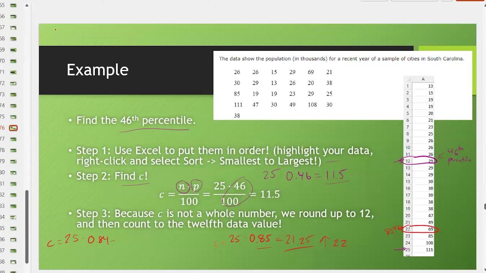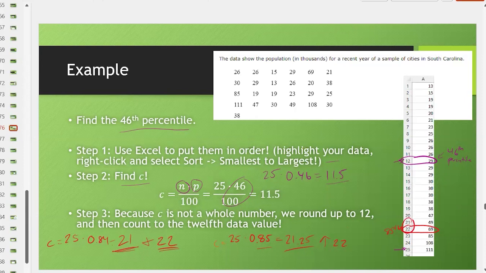21. Now, since we have a whole number here, we're going to take the 21st number and the 22nd number, add them up and divide by 2. So 49 plus 69 divided by 2. It's a little harder to do in my head. That'll give you 59.